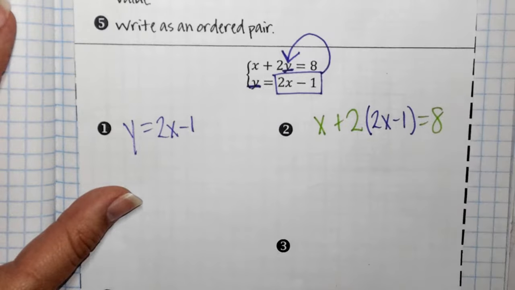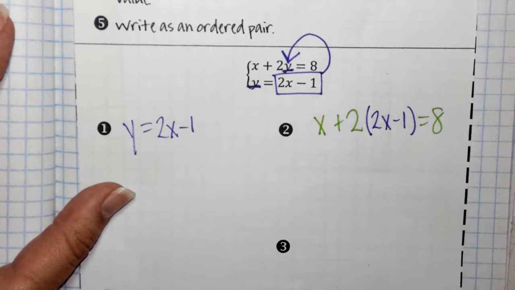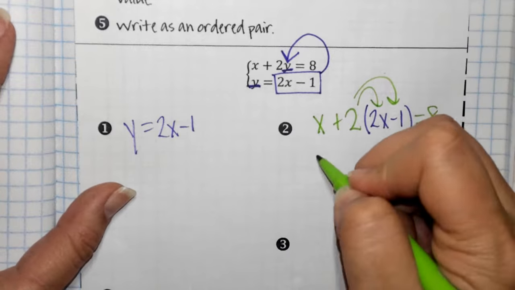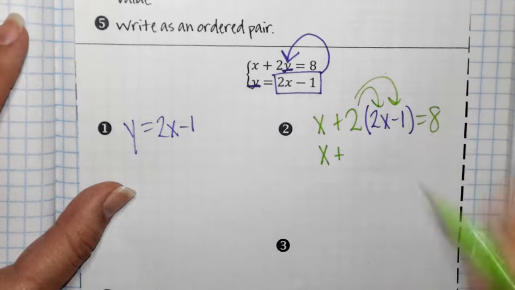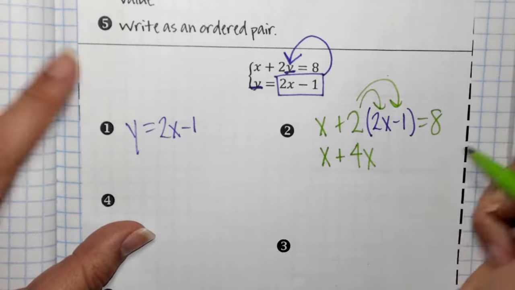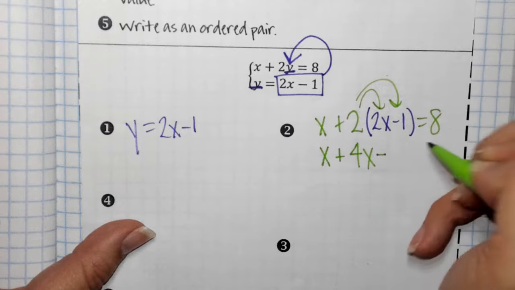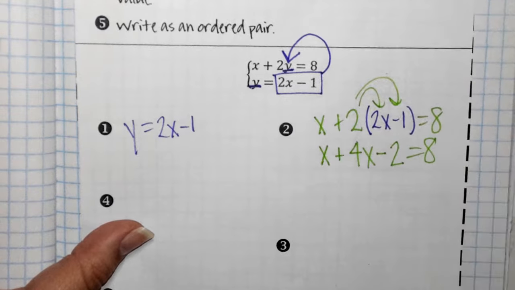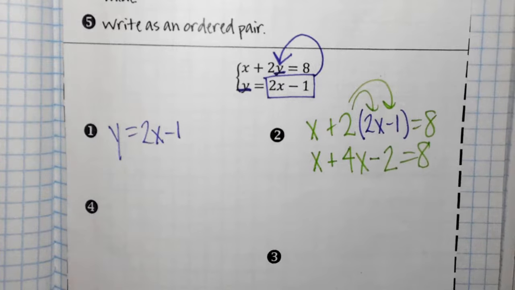How do we solve this? How do we get rid of parentheses? Distribute. Everybody distribute. Alright, what's 2 times 2x? What's 2 times negative 1? Ooh, okay. We're a little slow on that one today, guys.